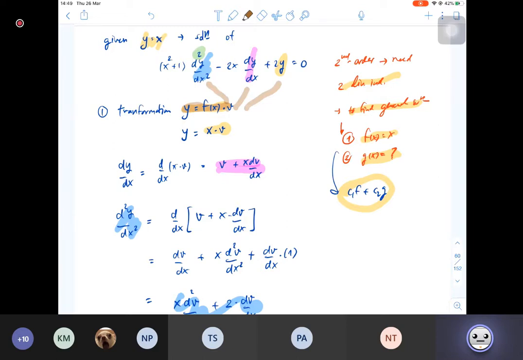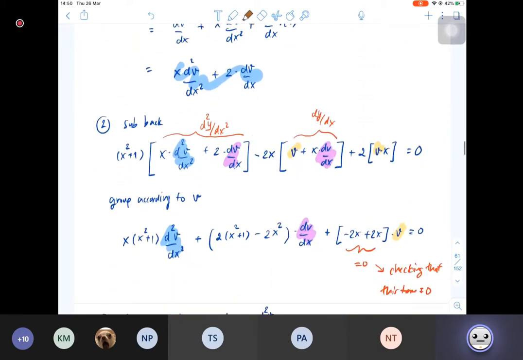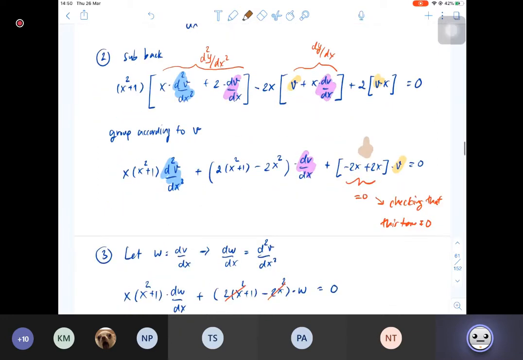So you need to find d squared y by dx squared, dy by dx, and y, right? When you plug it in, you will notice the last term should be equal to 0. So here we have minus 2x plus 2x equal to 0.